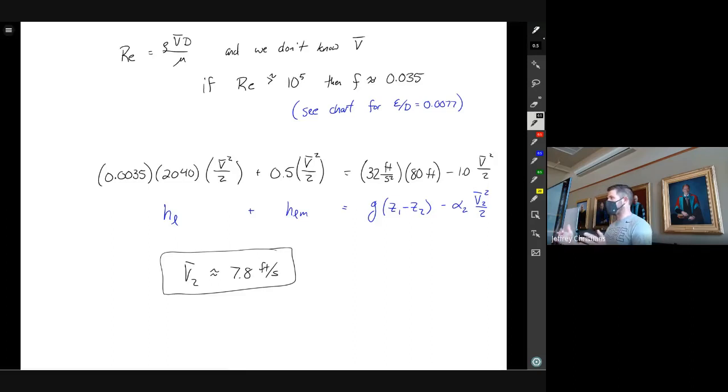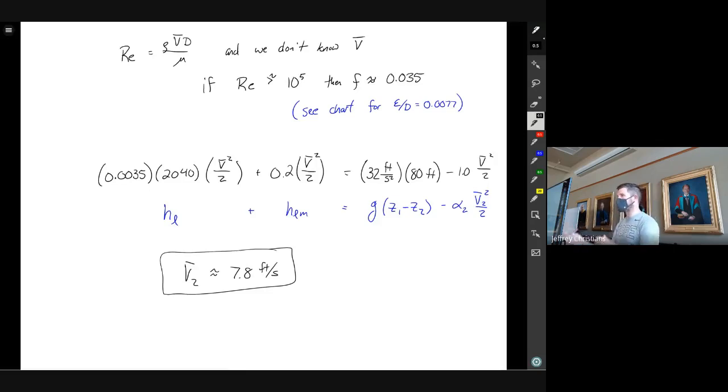Like 0.5 or, I guess, 0.2 is the minor loss coefficient. So you'd have to figure out the minor loss coefficient for each of those different things that you have. But all of it is going to be additive.